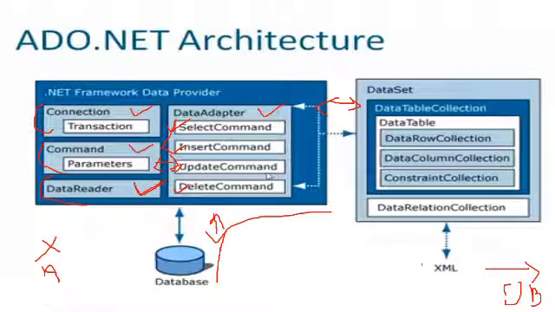In between, it will be in the format of XML, a tabular format, which we call a dataset. What the dataset contains is a tabular format of data like XML. It contains rows and columns, and the combination of rows and columns is a table. So when the data is not in the database and not on the side of your form, in the reading format, it will be in the form of XML, which is called a dataset.